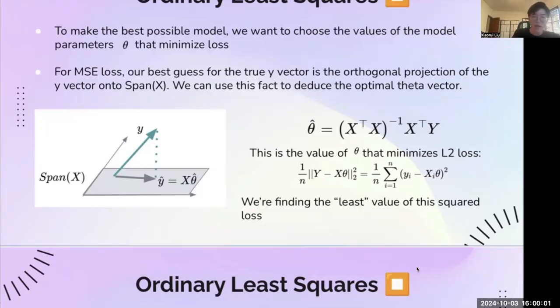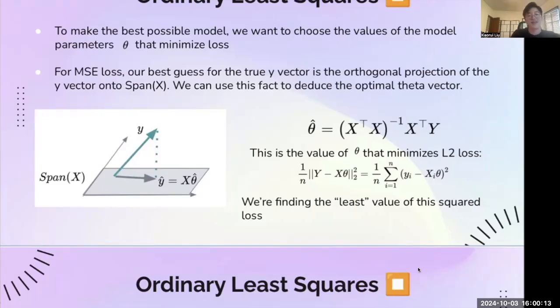Our true values, though, our y values, might actually not be in the square. If they were in the square, this would suggest that we could fit a perfect model. But in the real world, obviously, you're probably never going to get a perfect model due to all the noise, all the variance in your data collection, things like that. So it might lie beyond the span of X.